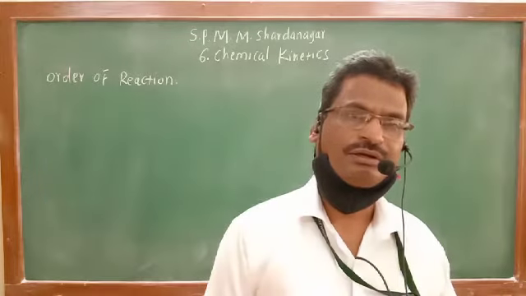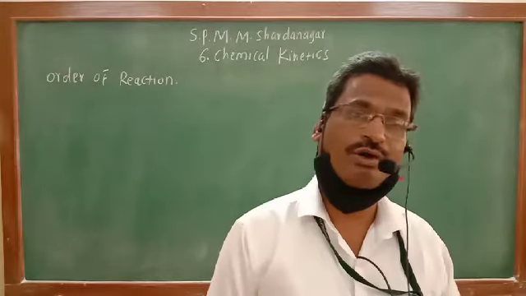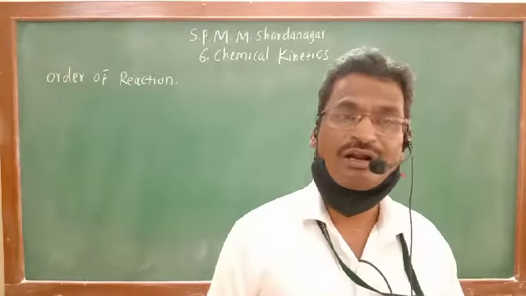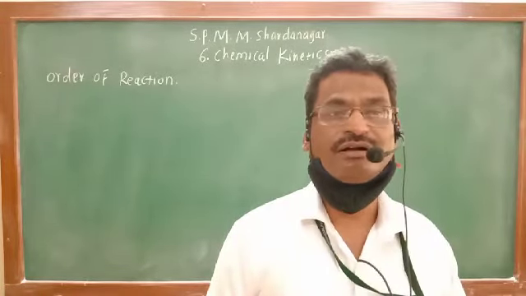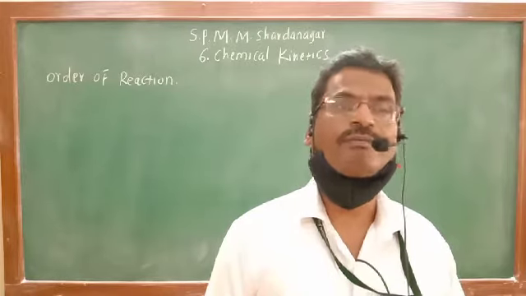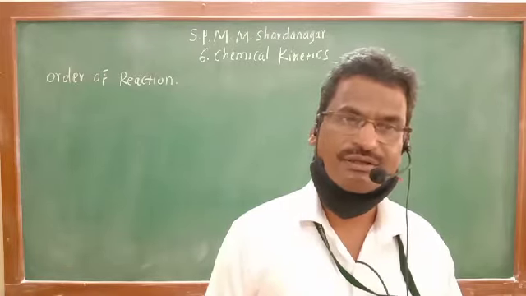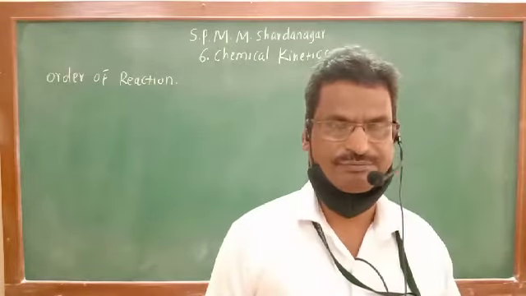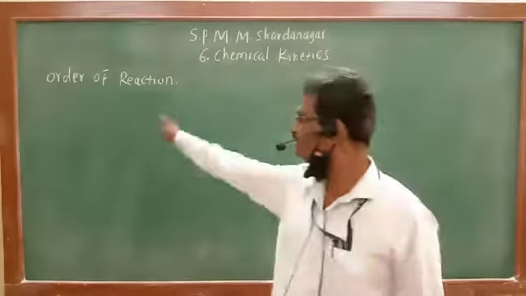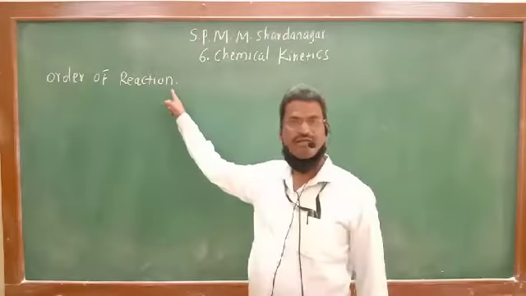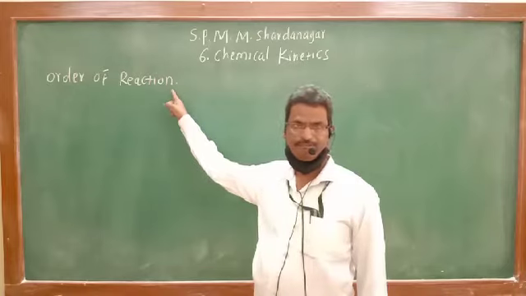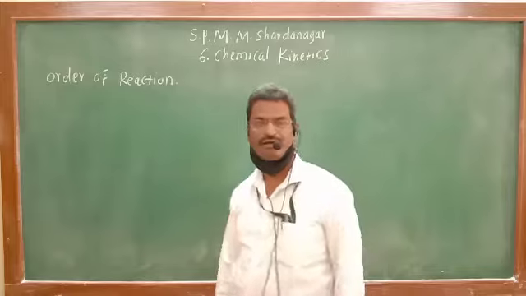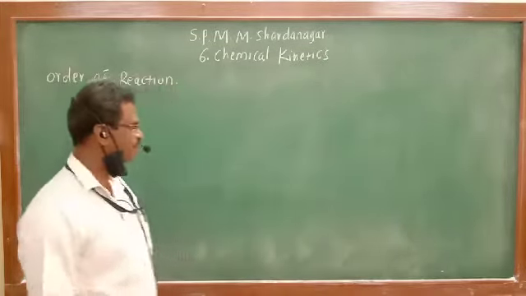And whenever the concentration of one of the reactants changes, how the rate is either doubled or becomes 4 times or is independent of that reactant, that also we have studied. And here now we have to see the order of reaction. Now see here what is meant by order of reaction.